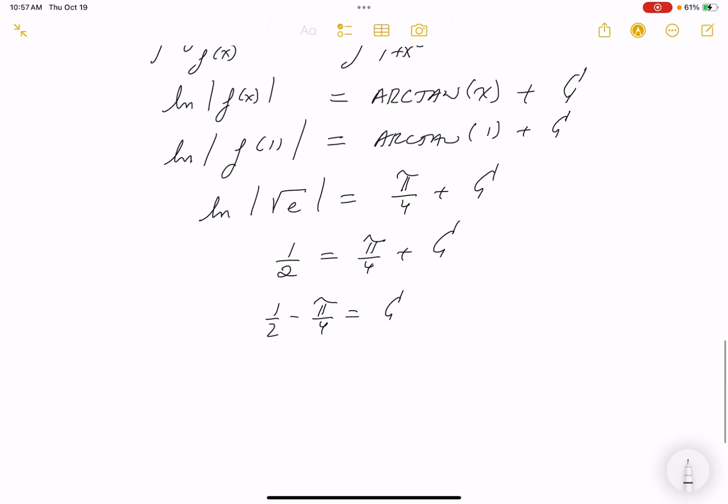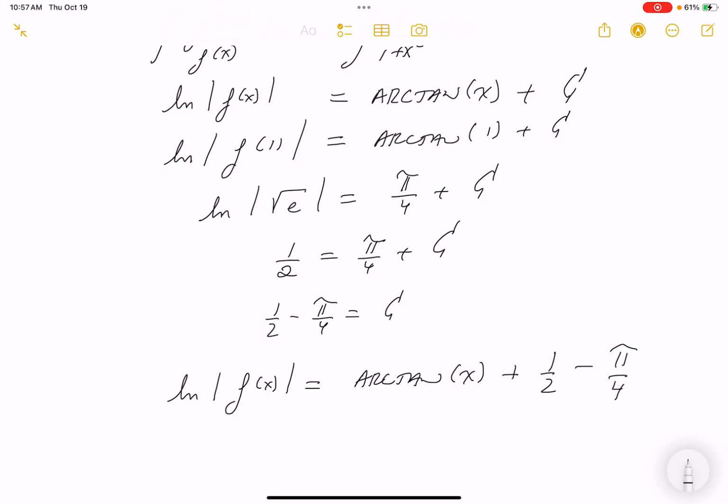So I'm going to write this down for you. The natural log of the absolute value of f of x is equal to arctan of x plus c. What's c? It's 1/2 minus pi over 4.